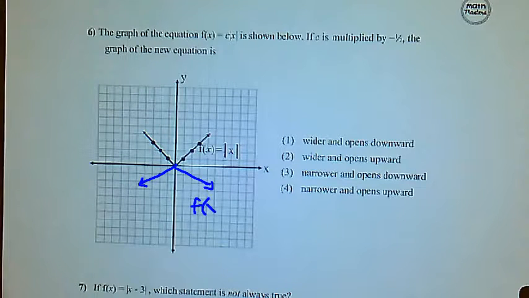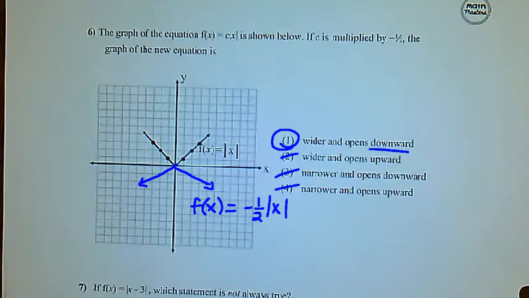So f of x is equal to -1/2 absolute value of x. So it's not narrower, it's wider, it's not upward. So it's going to be wider, and it opens downward. That's a reflection.